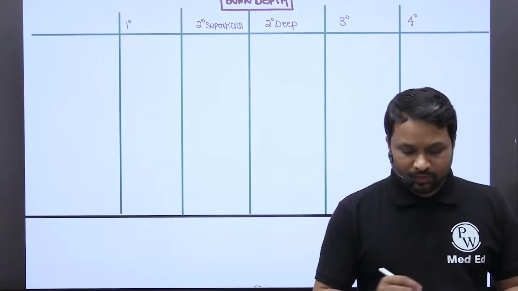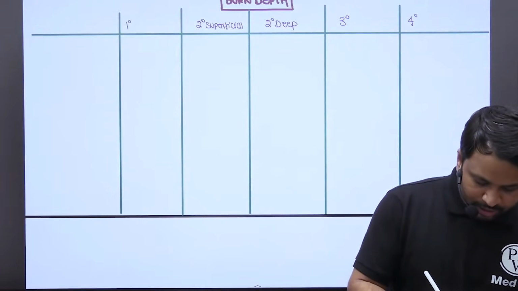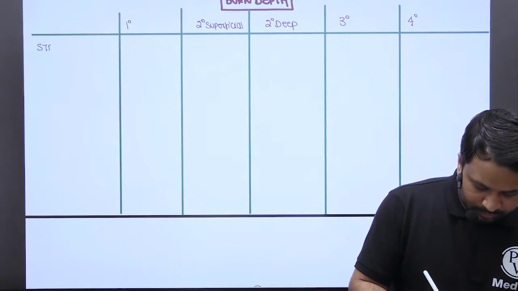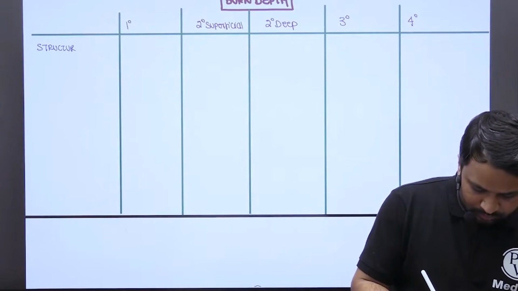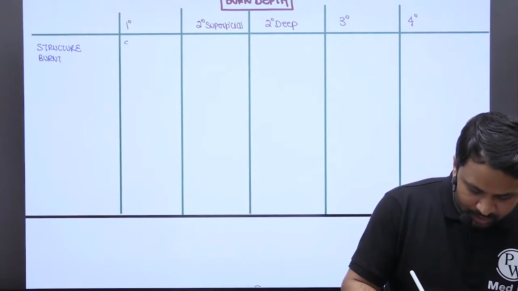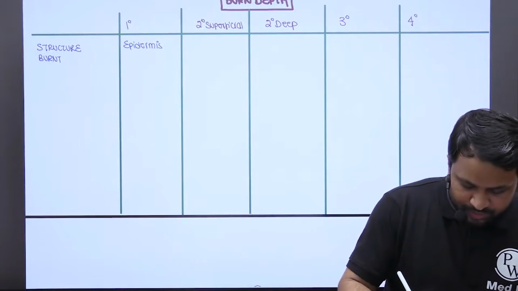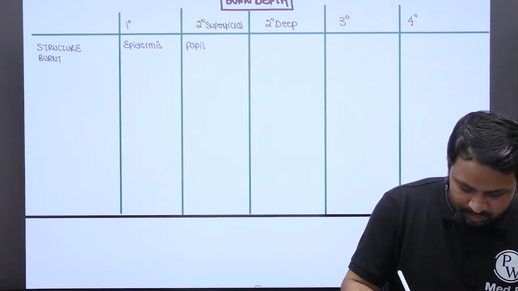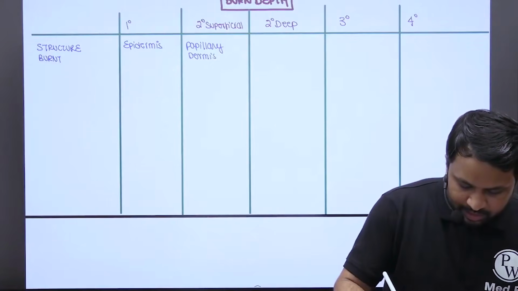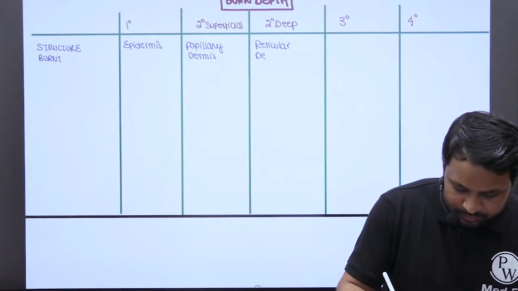What is the criteria on which you are going to look across? The first one is the structure that is burned. First degree, it is only the epidermis. Second degree superficial, it is the papillary dermis that is burnt. Second degree deep, it is your reticular dermis that is involved.